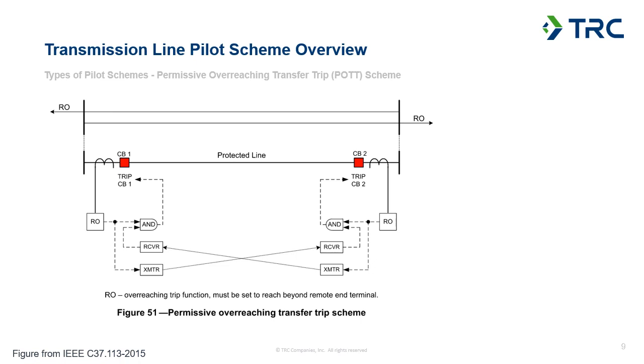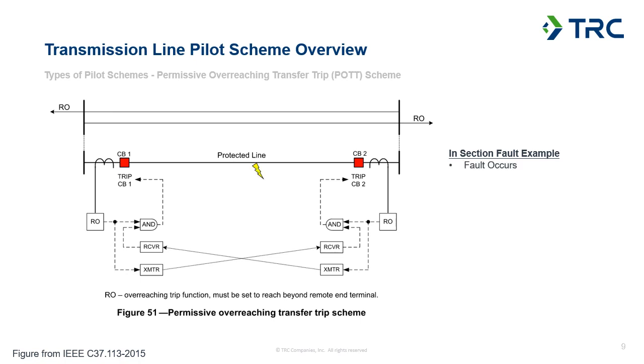And the same thing will be happening at terminal 2. We'll be using that same logic, and assuming the fault is in section, both AND gates will be satisfied, and you'll trip both breakers.